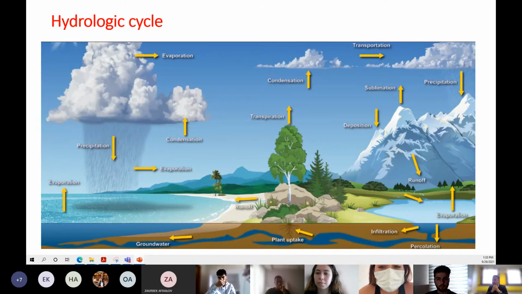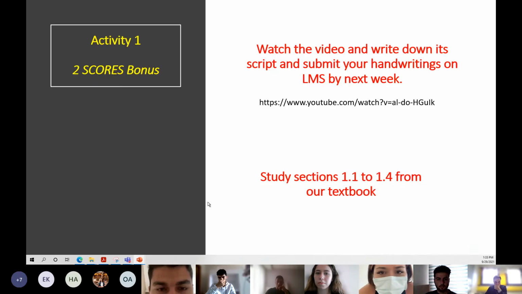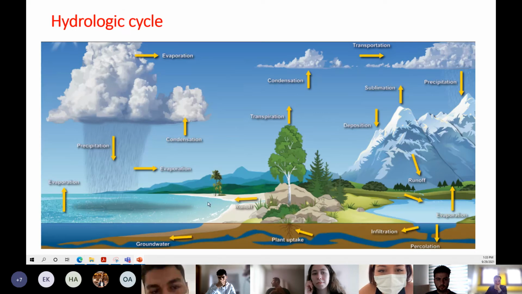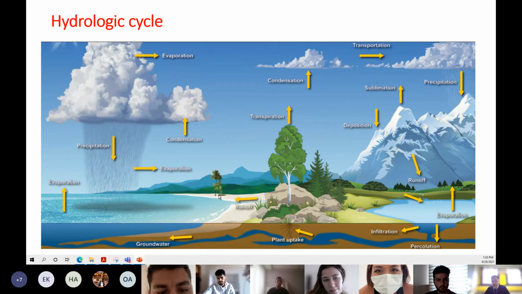Selin, what is the output? Evaporation. Evaporation is the output. Therefore, for this small control volume, input means precipitation and runoff. The output is evaporation.